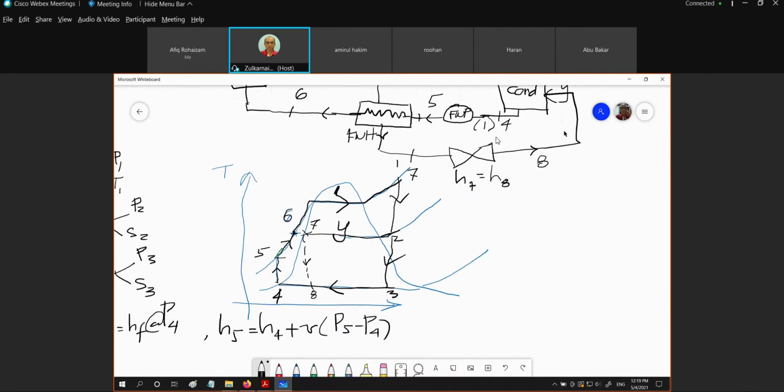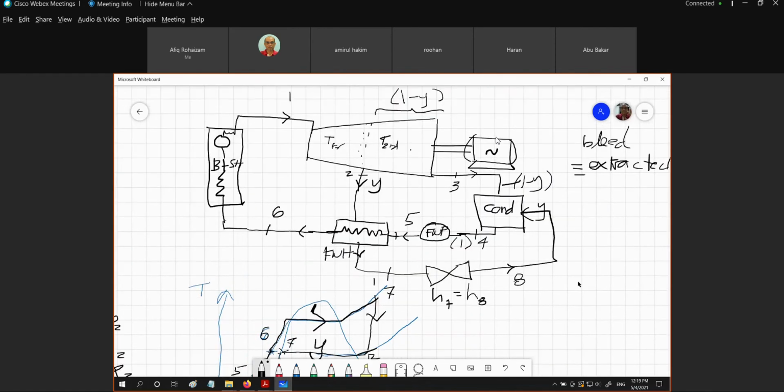So beginning, they mix together, they mix here at 3. So at the condenser, the flow rate should be, what do you think? It should be 1 or 1 minus Y in the condenser? Right here.